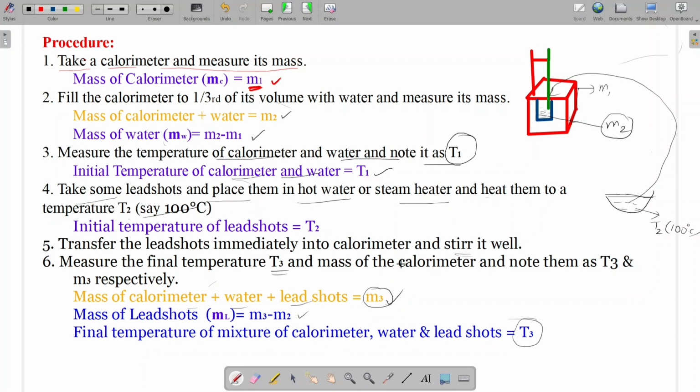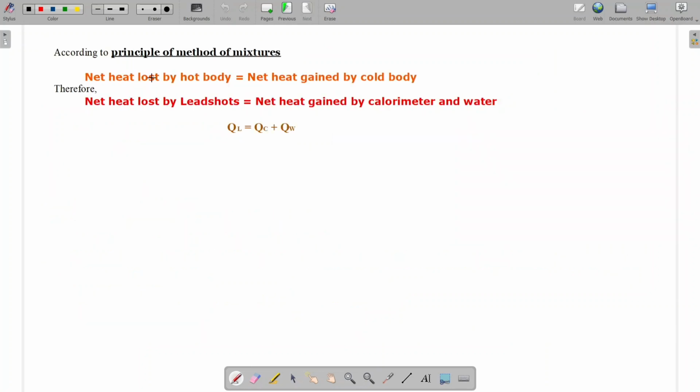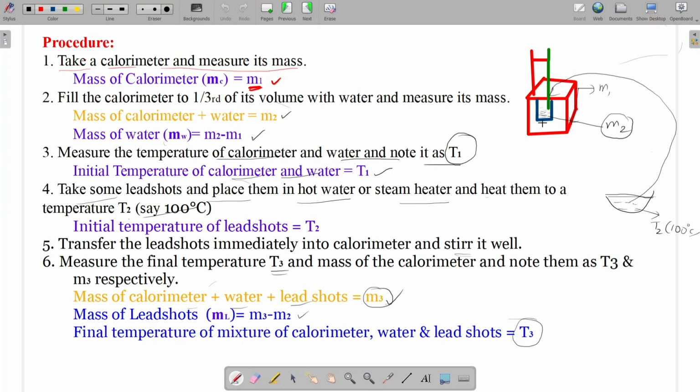Now let's move on to the derivation part. We know, according to the principle of method of mixtures, the net heat lost by the hot body is equal to the net heat gained by the cold body. If you observe here, the calorimeter and water are getting heat energy from the lead shots.